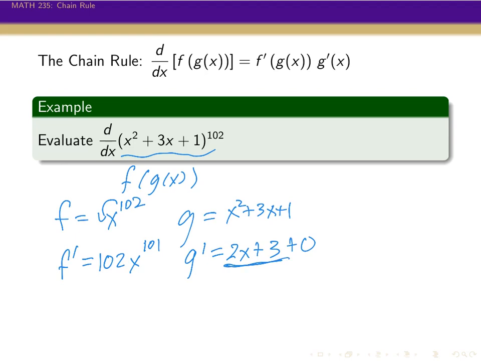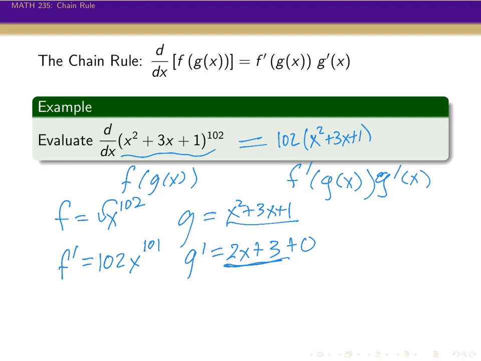And so then, applying the chain rule is f prime of g of x times g prime of x. Well, now I can just plug things in. So f prime is 102 times, now I plug in g, x squared plus 3x plus 1.